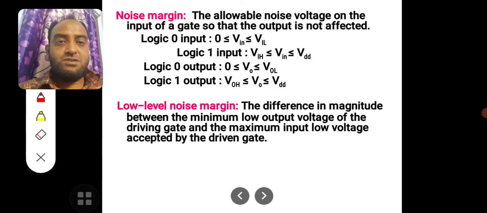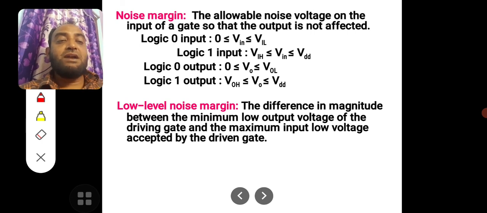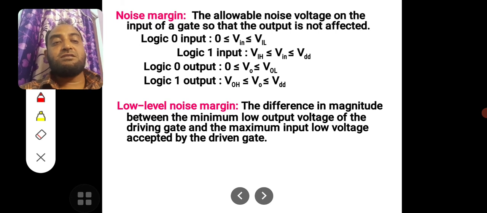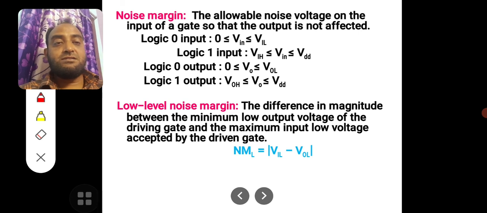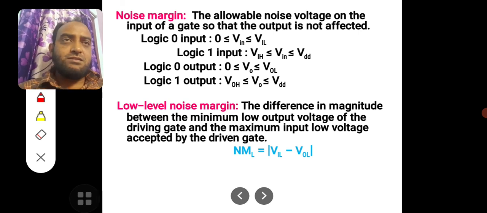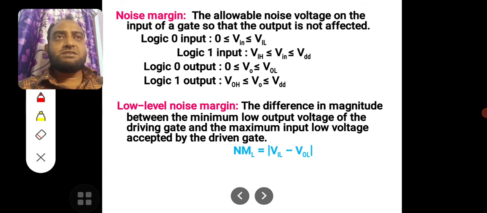Now the low level noise margin is defined as the difference in magnitude between the maximum low output voltage of a driving gate and the maximum input low voltage accepted by the driven gate. That means if you are driving another gate, that gate should not expect exactly 0 volts from you for a logic 0.